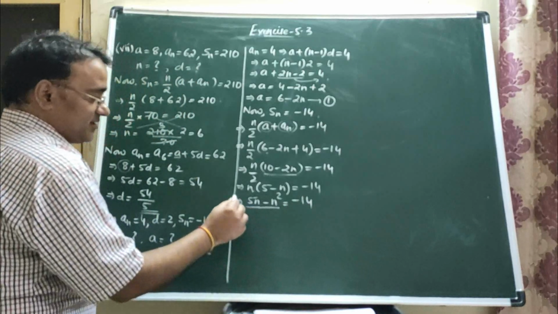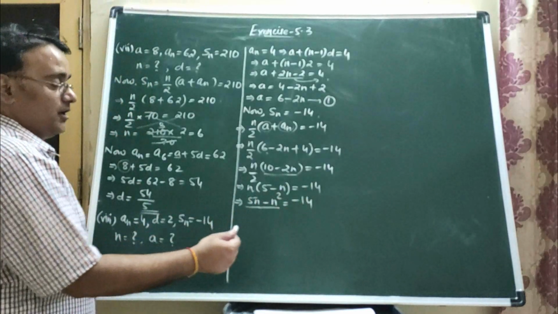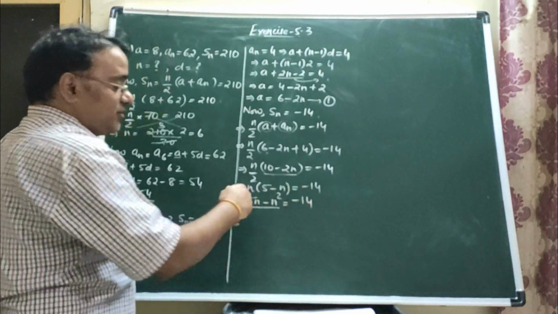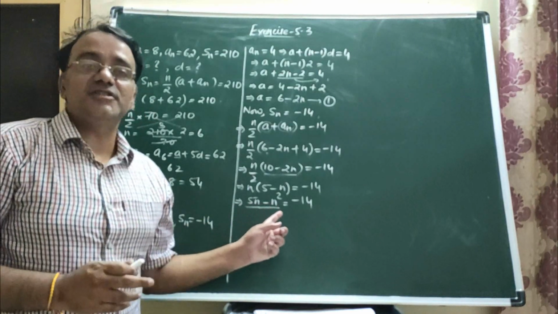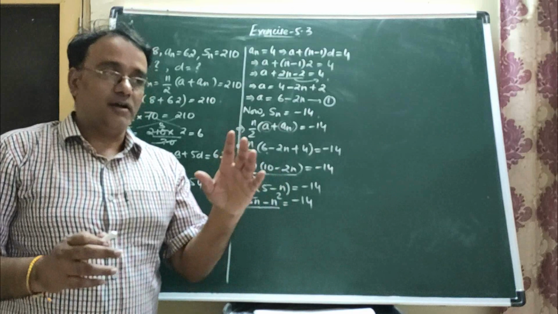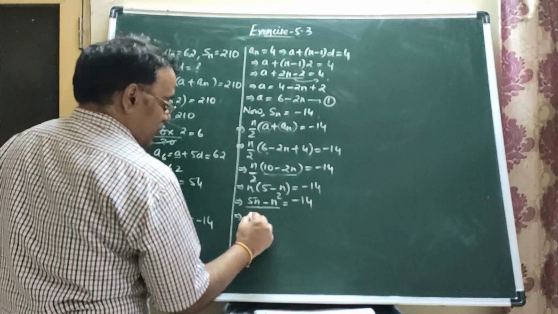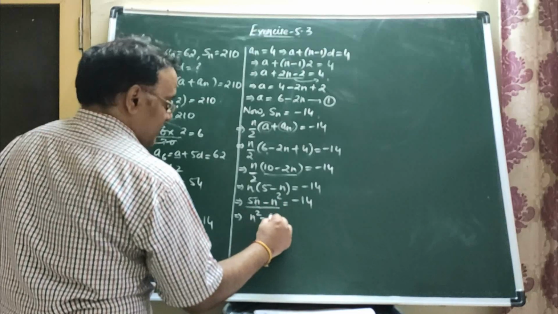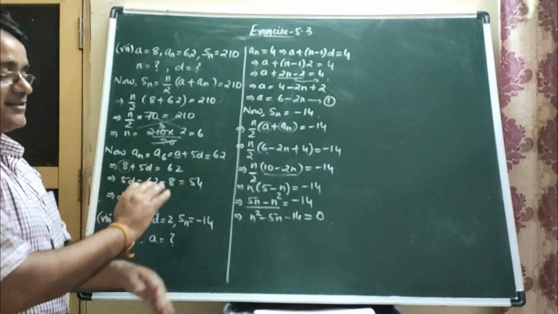Now shift this to that side. ये दोनों को उधर शिफ्ट करेंगे. क्यों? ये सोच रहे हैं कि minus 14 को इधर क्यों नहीं? Because I want n square, the coefficient of n square should be positive. ठीक है, तो उधर शिफ्ट कर रहे हैं. So ये हो गया n square and this will be minus 5n. ये already minus 14 दिया हुआ है, इसको हम लोग फिर पलट दिए.